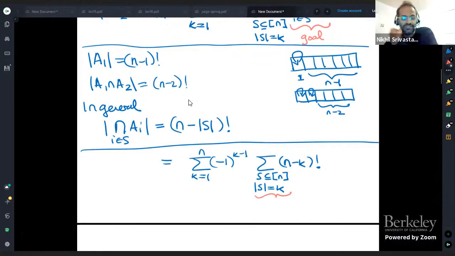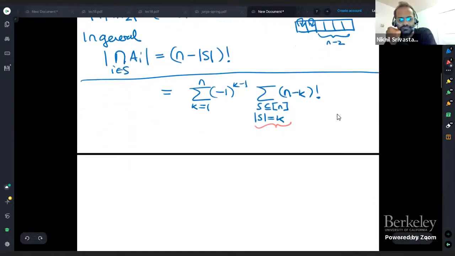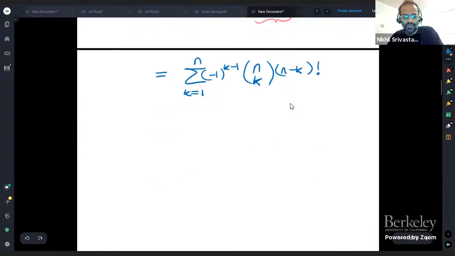How many of those subsets are there? N choose k, just all subsets of k elements chosen from n elements. So this is the summation, k goes from 1 to n, (-1)^(k-1), and now I just multiply this number by n choose k times (n-k) factorial.